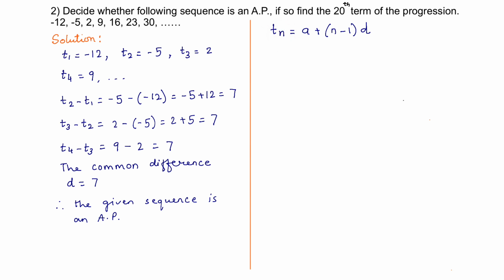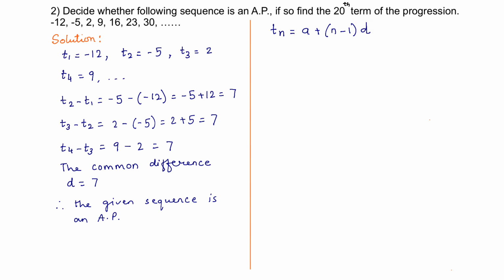So here our n will be 20. A is the first term and D is the common difference. 20th term फाइंड करने के लिए फिर हम यहाँ पर एक फॉर्मूला यूज करेंगे. Tn is equal to a plus n minus 1 d. तो जो हमको टर्म फाइंड करना है वो n होगा. ओके, फॉर एग्जांपल यहाँ पे 20th टर्म फाइंड करना है तो हमारा n 20 होगा. a फर्स्ट टर्म है और d कॉमन डिफरेंस है.